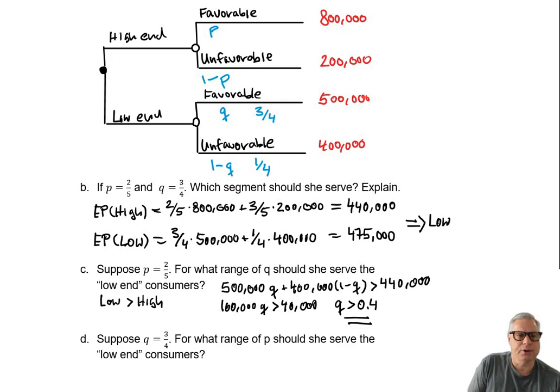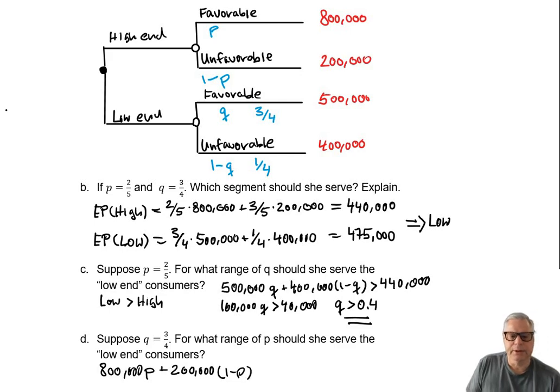So we need to solve that the expected payoff from the high end, which is 800,000 times P plus 200,000 with 1 minus P, should always be less than the expected payoff from serving the low end.